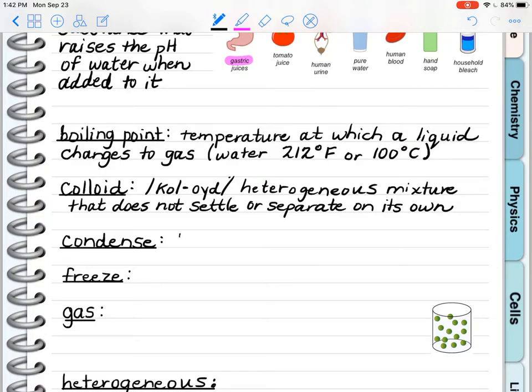To condense is to change from a gas to a liquid. So this is what's happening if you have, let's say that there is snow on the ground at your house. Lots and lots of snow. And it's very, very cold.